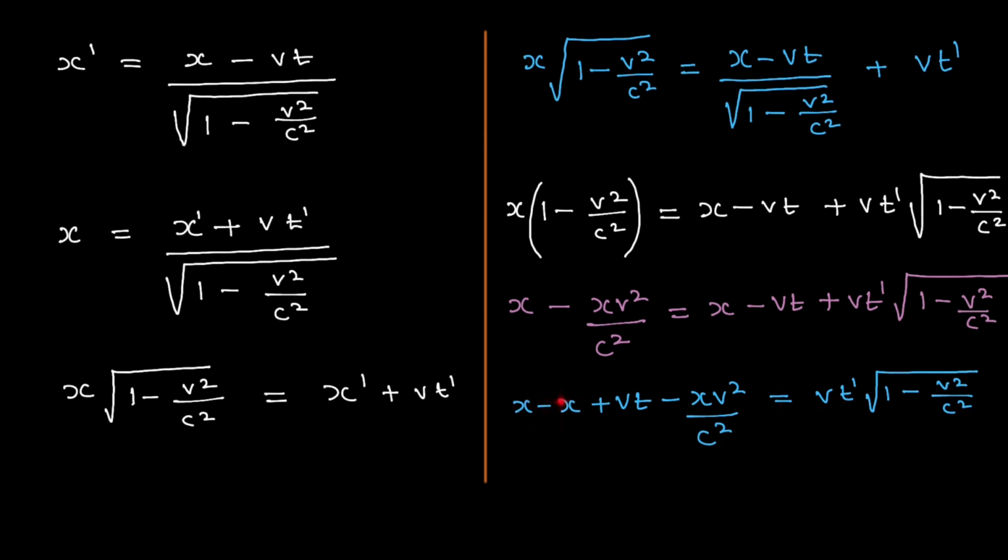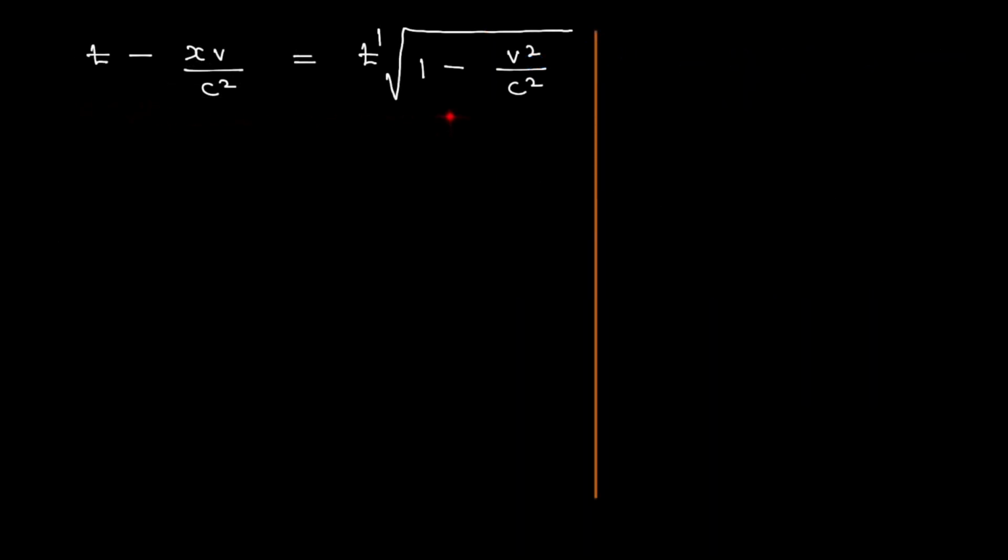Now that will cancel each other. V is a common factor here. Therefore t, because v is gone there, v is gone there. So that's gone. So t minus xv over c squared equals t prime root 1 minus v squared over c squared. So now I'm going to divide both sides by root 1 minus v squared over c squared to get t prime, and therefore that's the equation.